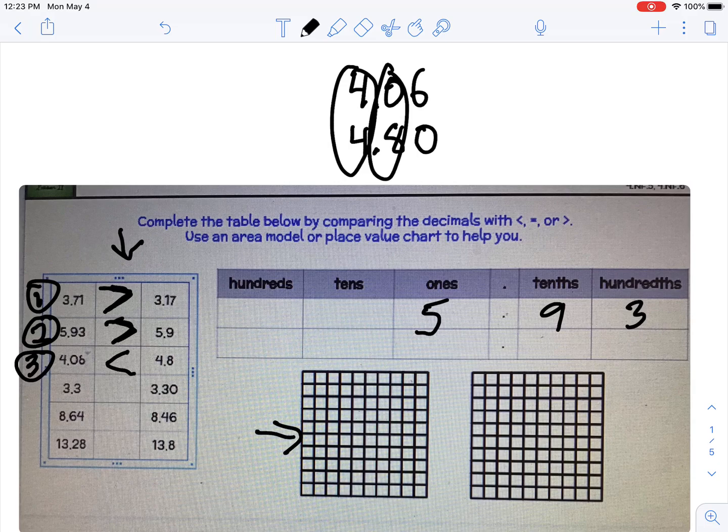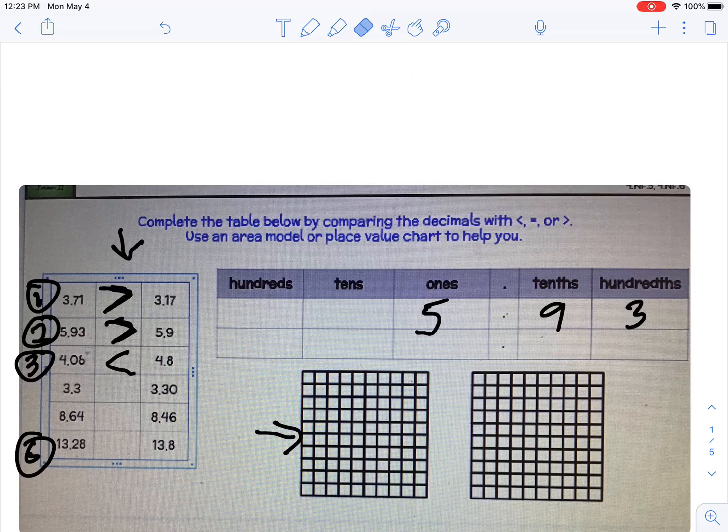All right, so I'm going to skip one and look at number 6 down here. Again, stack them if you'd like.